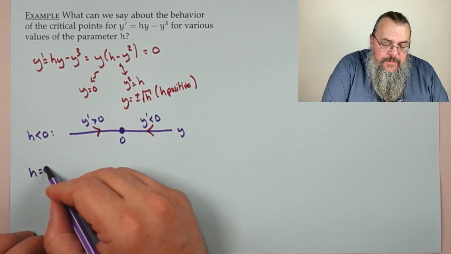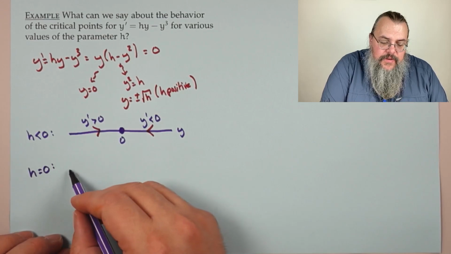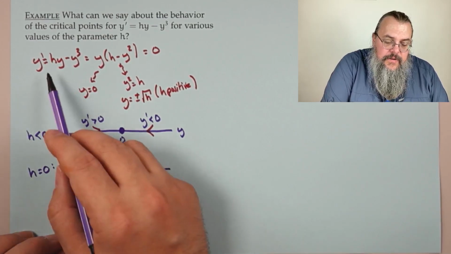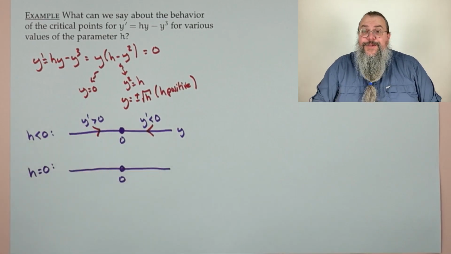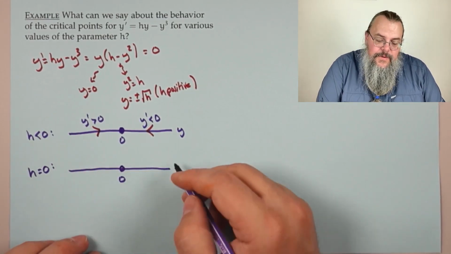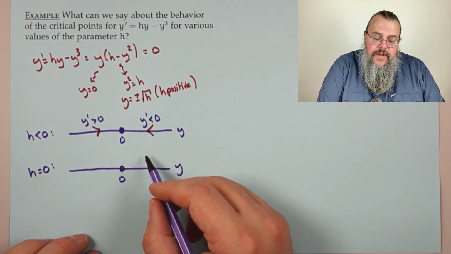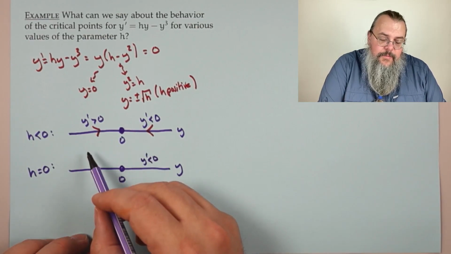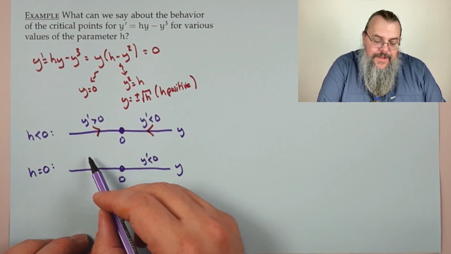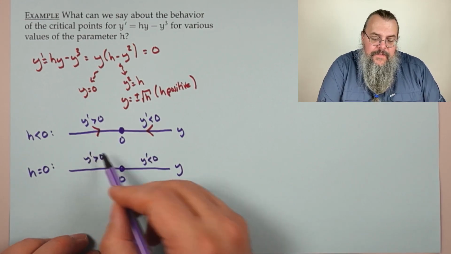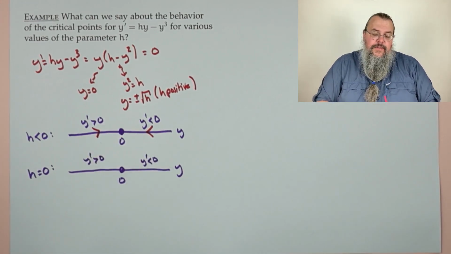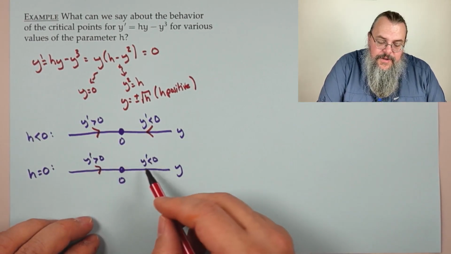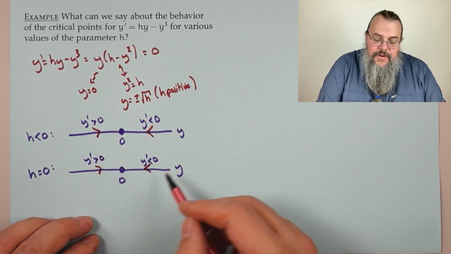H equals 0. Okay, well, this is actually really not hard at all. It says y prime is minus y cubed. And if you run it, well, minus a positive number cubed is negative, and then minus a negative number cubed is positive. And so what happens is we're going to be going up if we're below 0, going down if we're above 0.